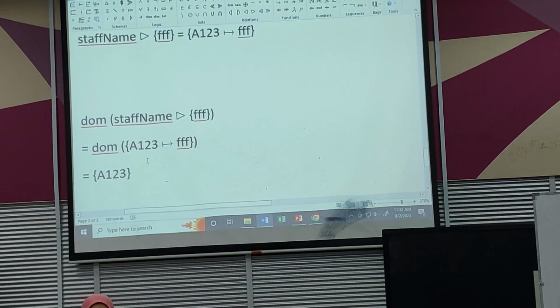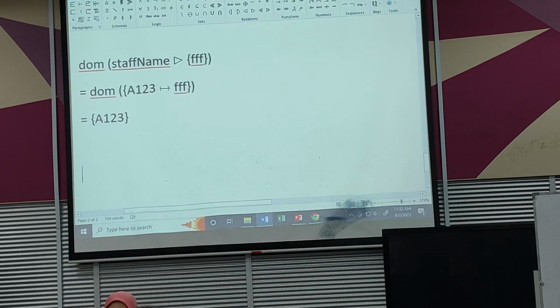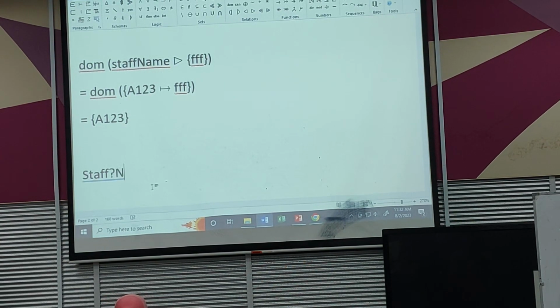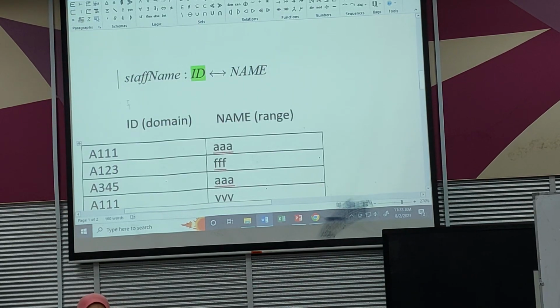But if I want to use the relational image, staff name. See, staff name. But inside my relational image here must be domain. But my real data is this one.